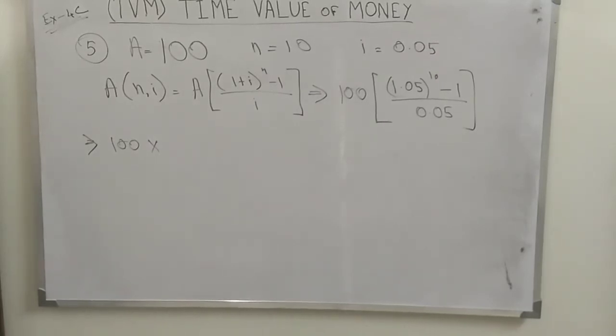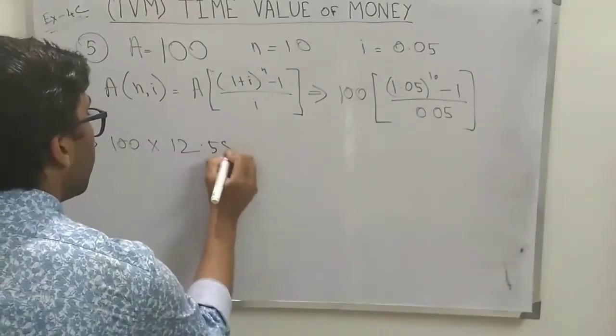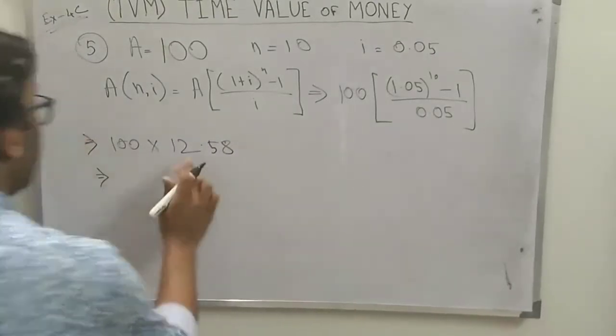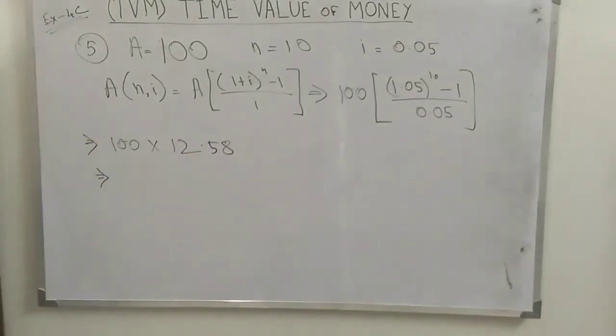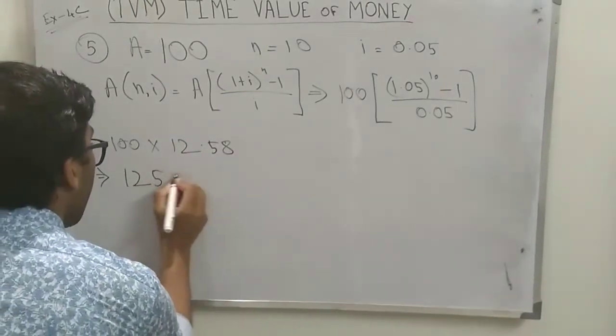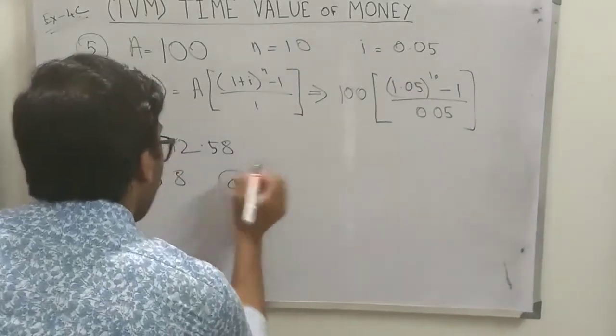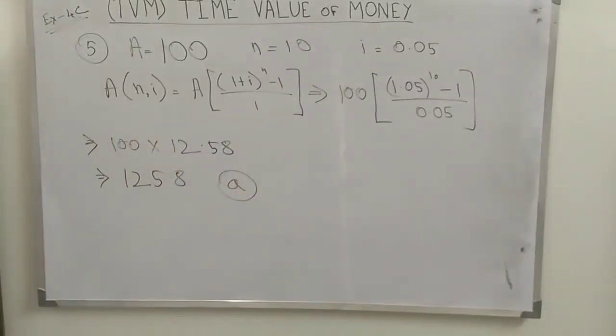The answer is 12.58. Then 12.58 into 100 is 1258. Option number A then is the correct option.